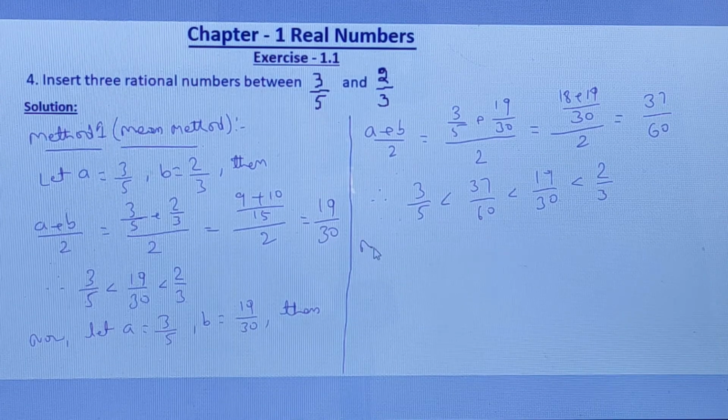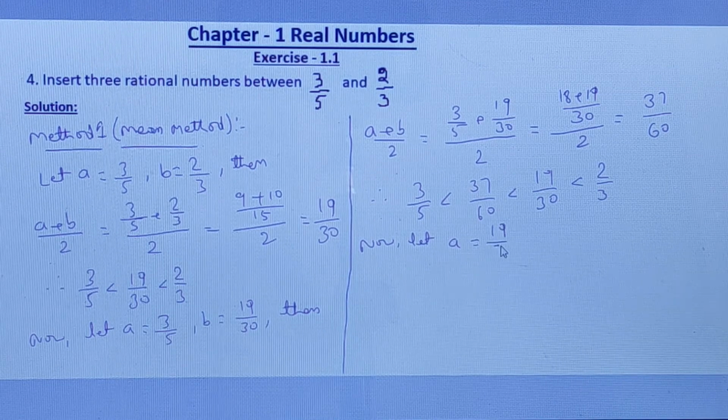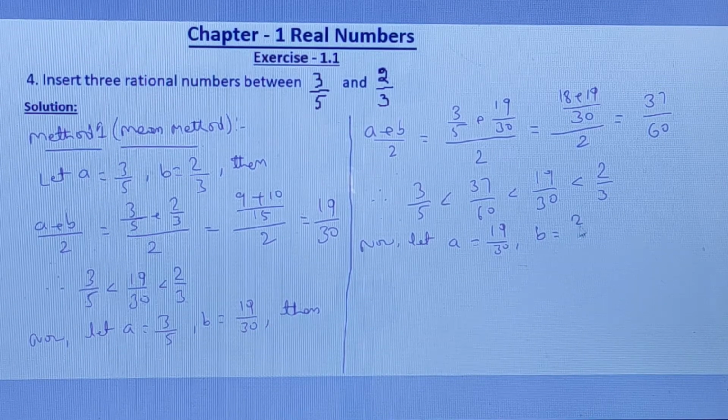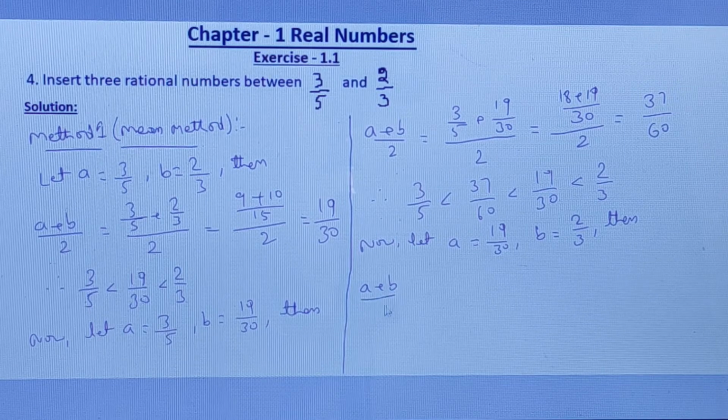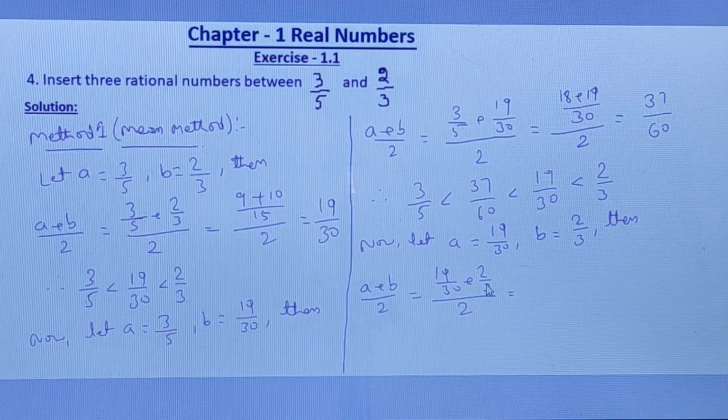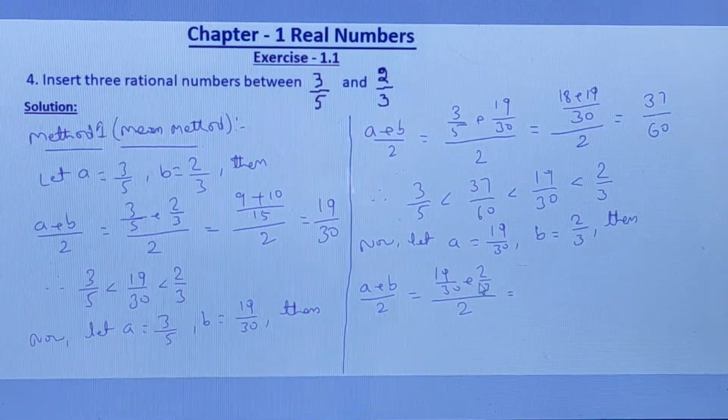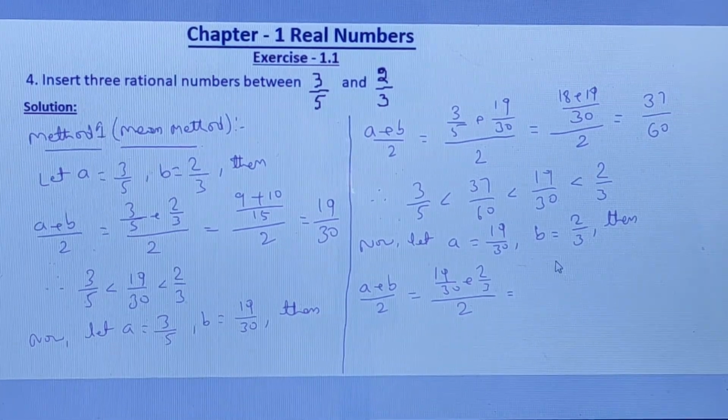Now let A be equal to 19 by 30, B is equal to 2 by 3. Then (A + B) by 2 is 19 by 30 plus 2 by 3 divided by 2. So what is the LCM? 30 is the LCM, isn't it?